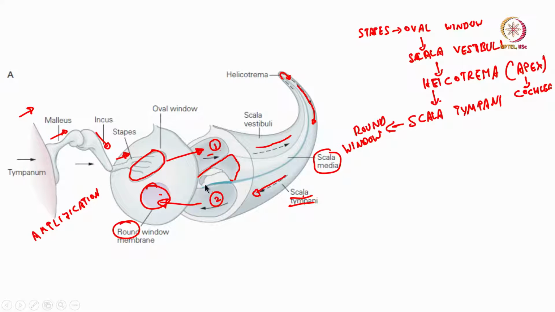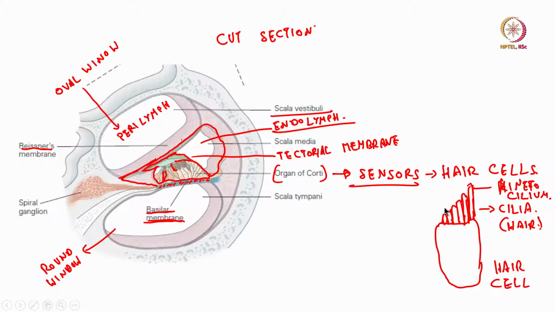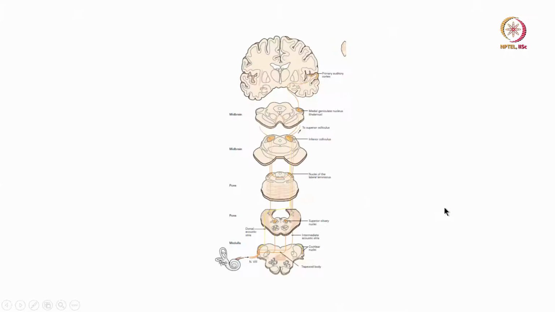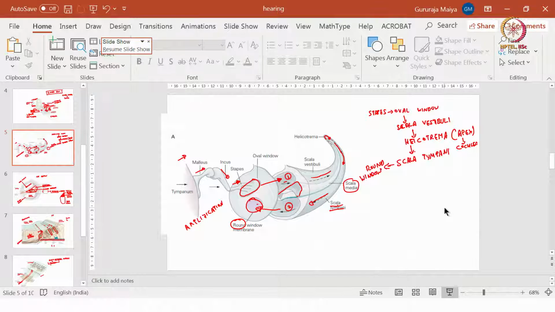Frequency is on a log scale from the apex to the base. The apex has low frequency sensitivity, the base has high frequency sensitivity, and this entire 33 millimeter covers about 20 to 20,000 hertz range. So, that is the story which I have conveyed.